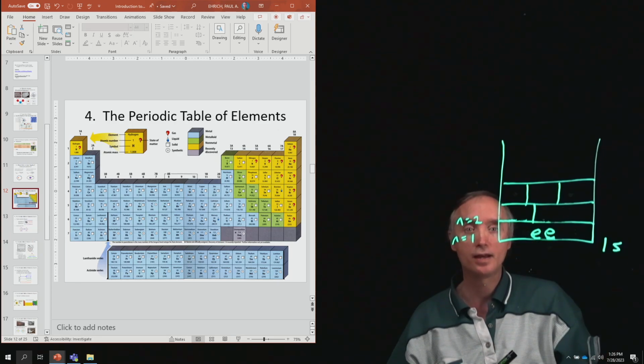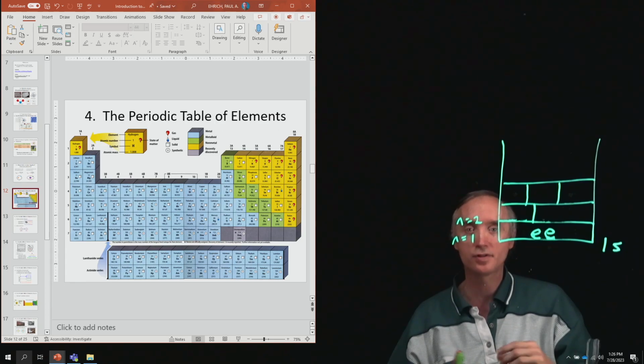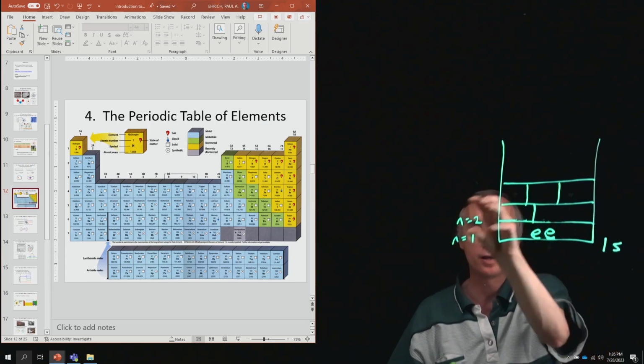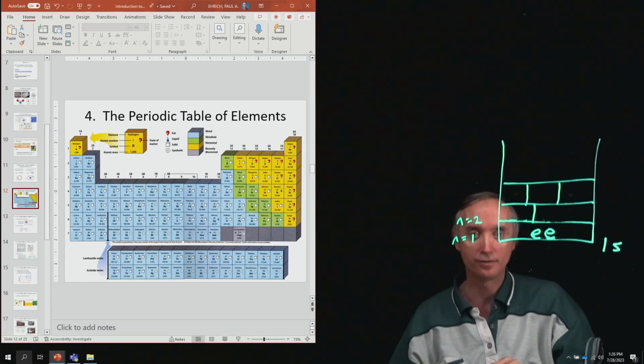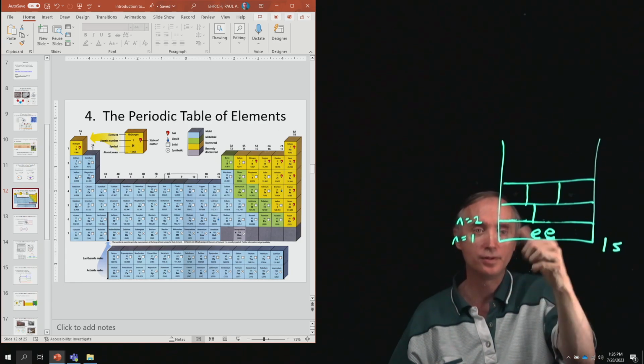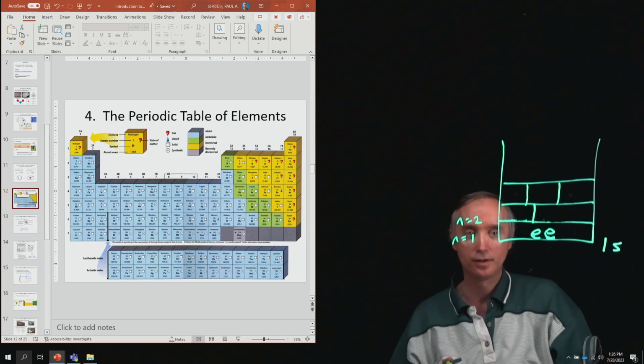So helium has 2 electrons, and helium is over on this side of the periodic table. And now you're saying, well, why didn't they put it right next to hydrogen? Well, there's a reason. We'll get to that later. So helium is on this side of the periodic table in the very, very last column.